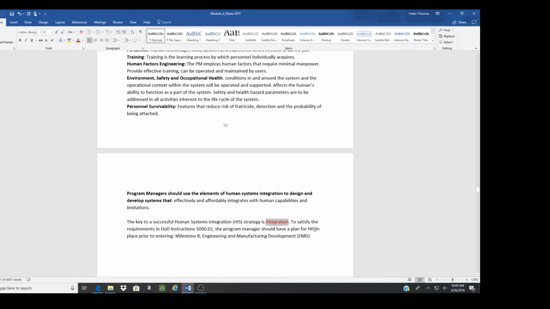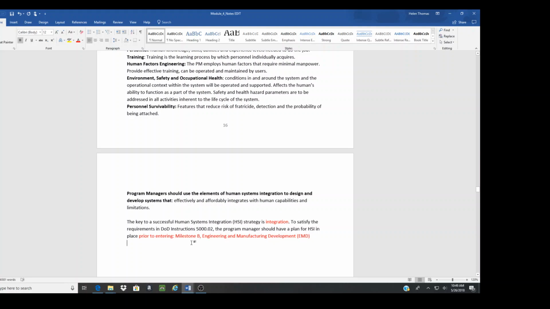for HSI, and I still didn't get it right here, human systems integration, in place prior to entering milestone B. So prior to milestone B, which makes sense, because before we actually go full-fledged, remember milestone B was the point where we initiate the acquisition system.